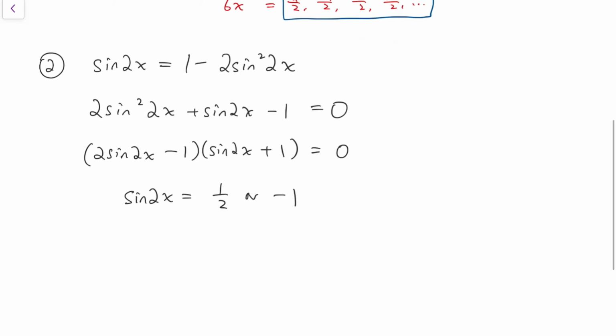For sine, solutions are again presented by numbers plus multiples of 2 pi. So for 2x, we have either pi over 6 plus multiples of 2 pi or 5 pi over 6 plus multiples of 2 pi. That's for sine of those numbers equals 1/2.